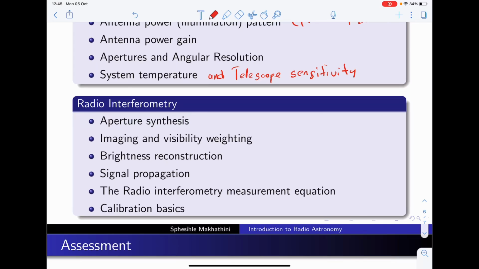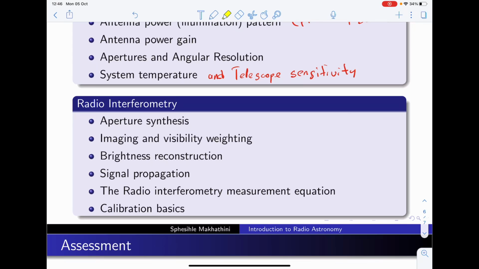Then you're going to go on to asking how you form an image from all these disconnected antennas, and how you weigh each antenna with respect to others in order to manipulate the image to look like something that you like, but which is still representative of what the true brightness is. Then you're going to go into brightness reconstruction, then eventually to signal propagation, basically studying the effects that would affect your signal as it moves.